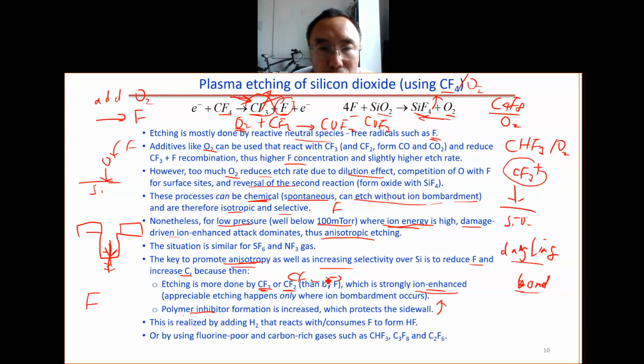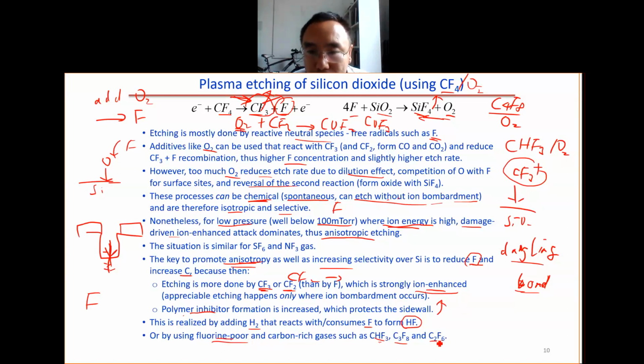To reduce F and increase carbon, we can add some hydrogen. Hydrogen will react with F to form HF. Or we can use fluorine-poor and carbon-rich gases, like this one, which has hydrogen inside, and this one with smaller carbon. These are fluorine poor, with a smaller amount of fluorine.